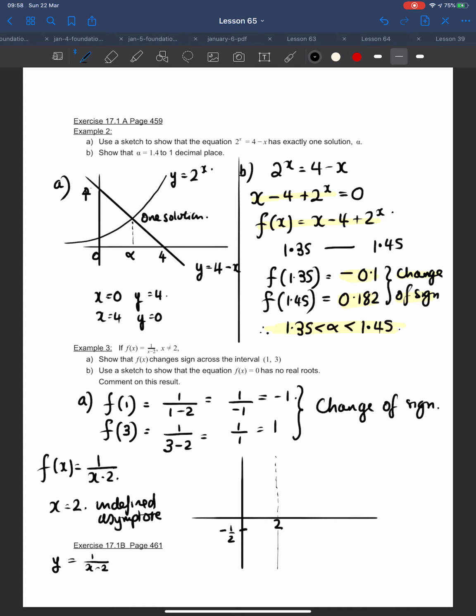The way that we do this is we get an x equals instead, rearrange it. So it's y times x minus 2 equals 1. So x minus 2 is 1 over y. So x is 1 over y plus 2.